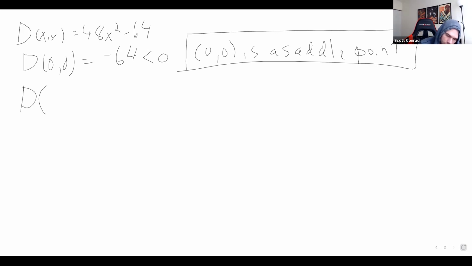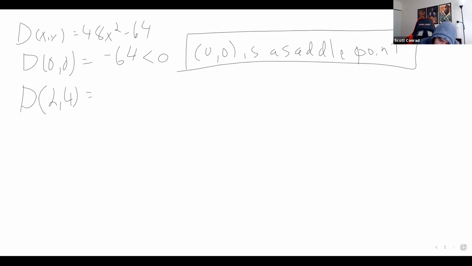Then we plug in 2, 4. And we get 48 times 4 minus 64. So we get 192 minus 64, which is clearly positive.